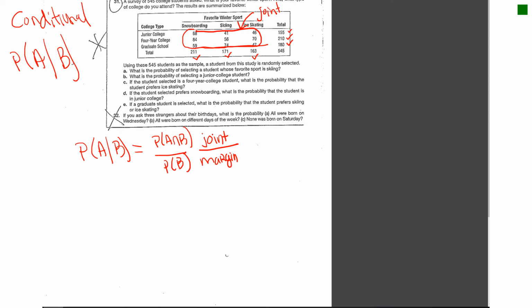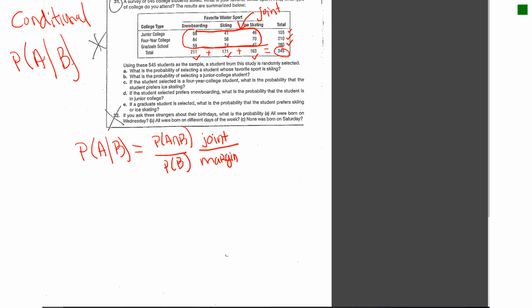Okay, just to go through some basic questions, and to keep it simple, I'm going to keep it in fractions in this problem. One more thing: notice the way these tables are put together. If you add this column down, you get 211. If you add the total skiing, you get 171. Add the total ice skating, you get 163. If you add these across, that also gives you 545, your total number of students in your sample.